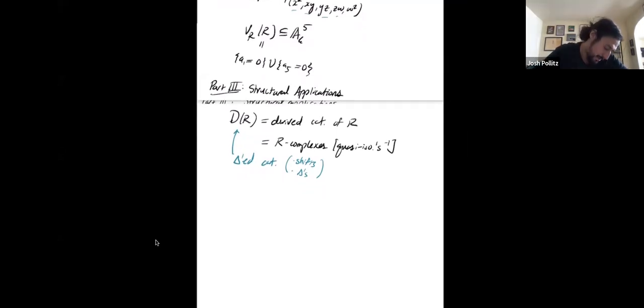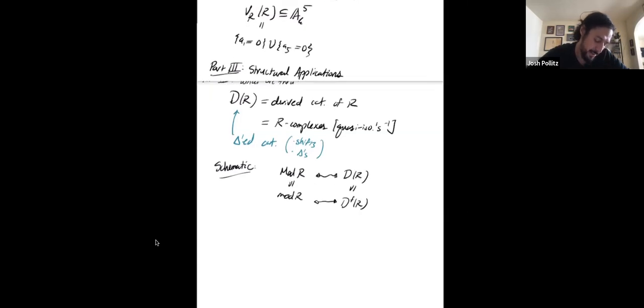The setting in which this happens is a slightly smaller category. Just as when you're studying modules, we sometimes restrict to the category of finitely generated ones, inside the derived category there's an analog of that, the bounded derived category of finitely generated R modules. I'll call that D^f(R).